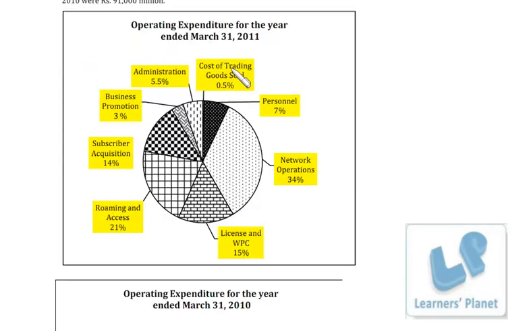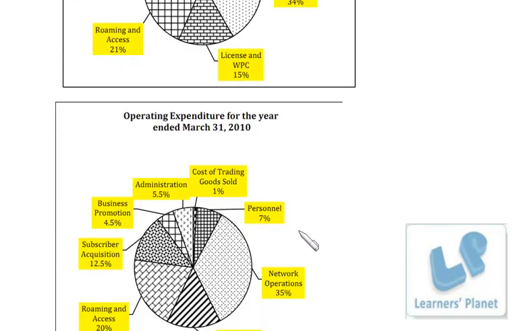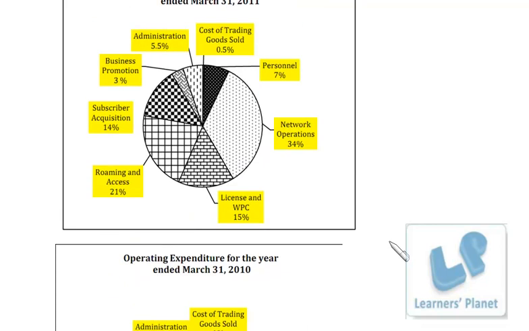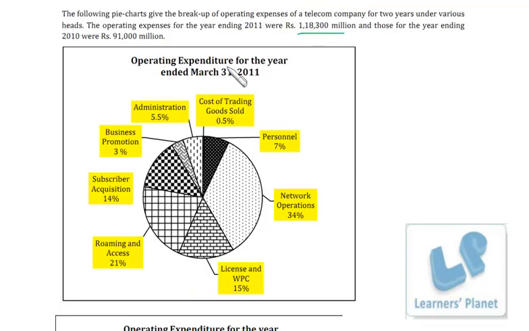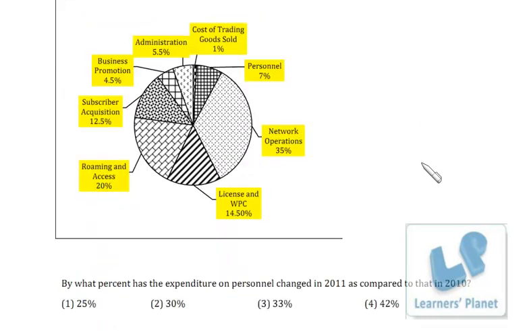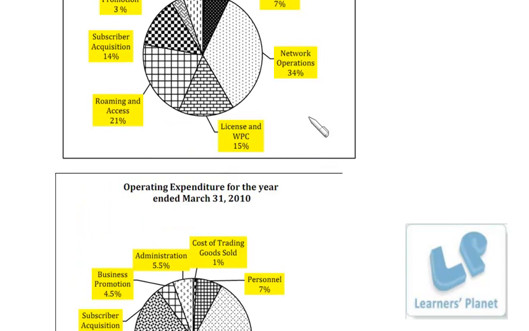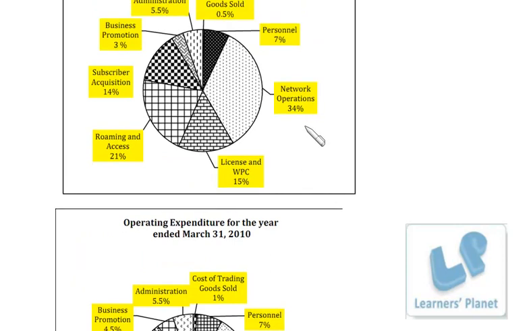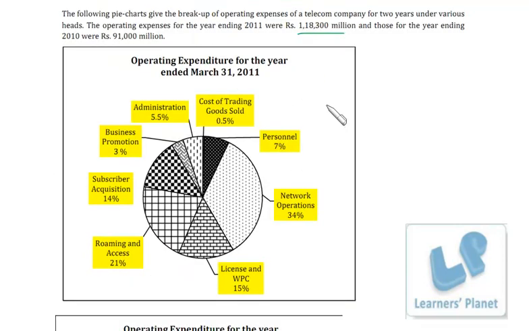Here also personnel is 7% and here also personnel is 7%. Right? So whatever is the growth from year 2010 to year 2011, the same will be the growth in personnel expenditure. Right? Because in this year also it is 7% and in this year also it is 7%. So 7% of this minus 7% of this.